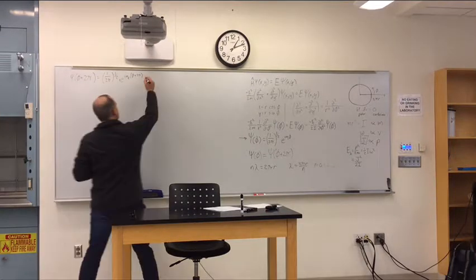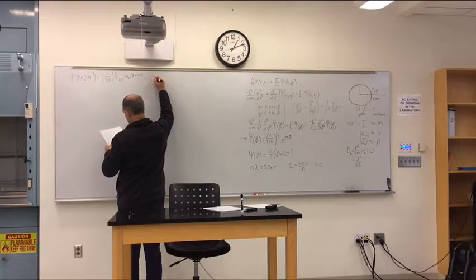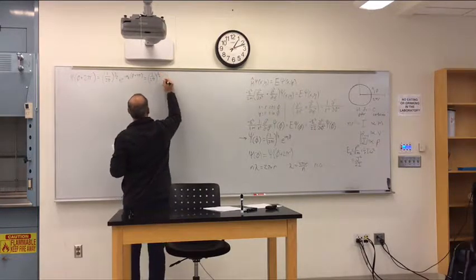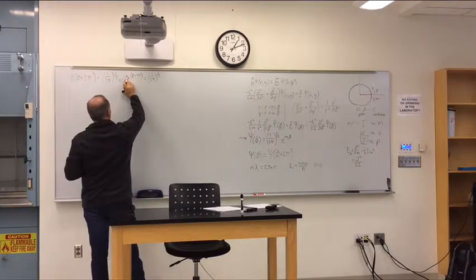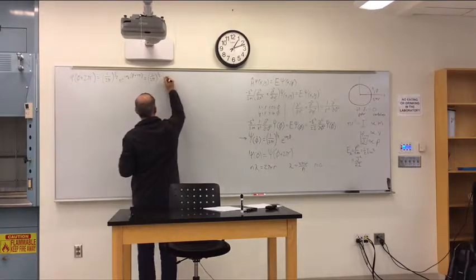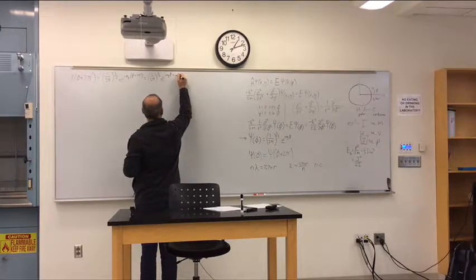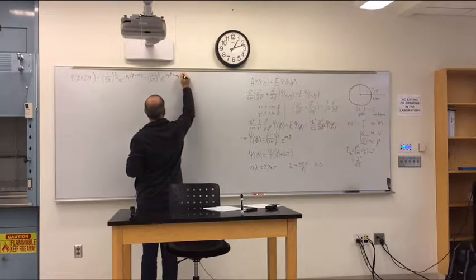So this is the same thing as 1 over 2 pi to the 1/2. If we distribute this out, this is i m l times phi plus i m l times 2 pi. So I'm actually going to do this in 2 steps. i m l phi plus i m l times 2 pi.